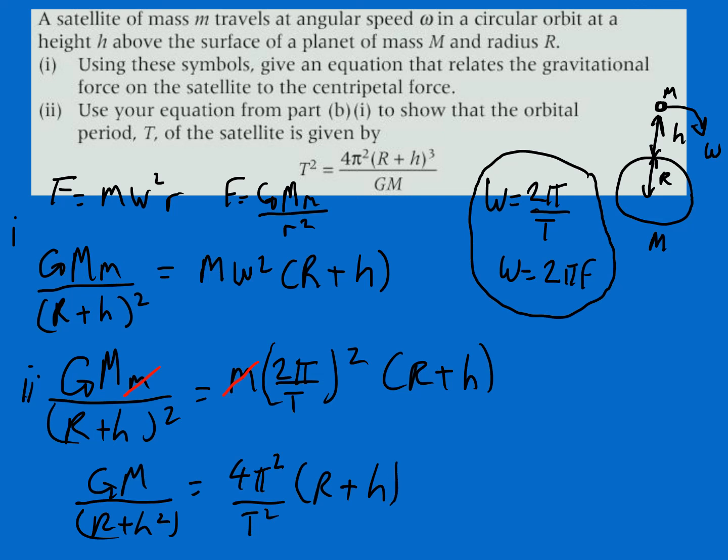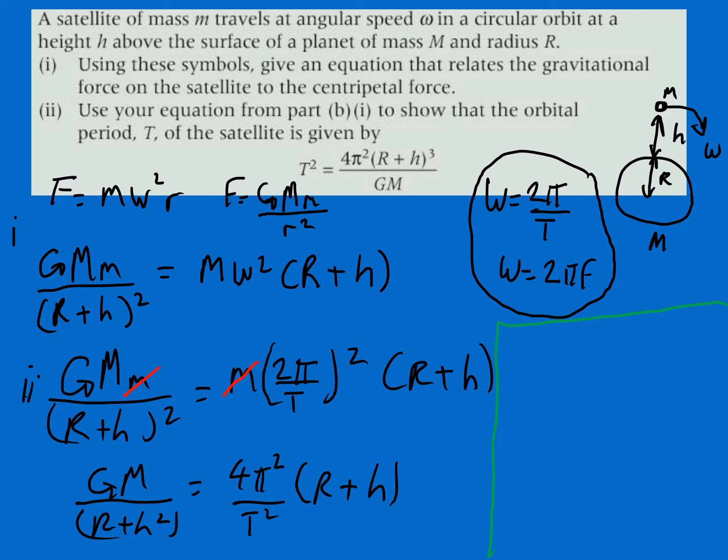Then the final step is the rearrangement for T squared. So bringing T squared across, let me separate this. I'll do it on the other side here. Let's do it over here.